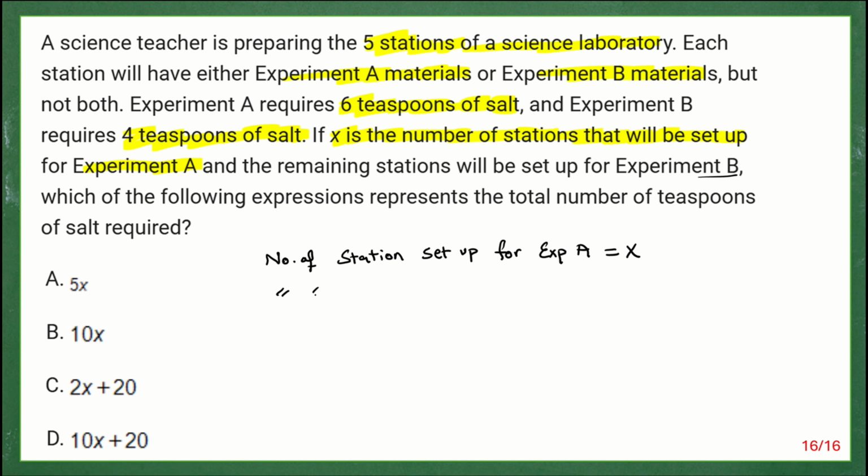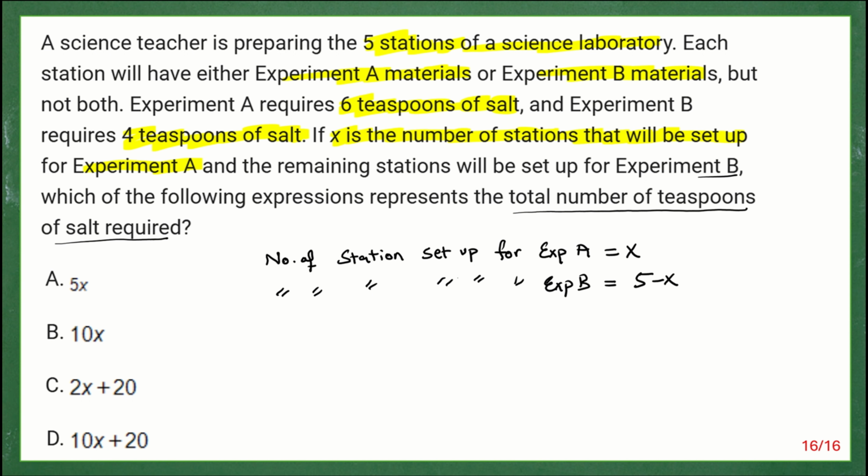So the number of stations set up for experiment B is 5 minus x here. Now, which of the following expressions represents the total number of teaspoons of salt required?